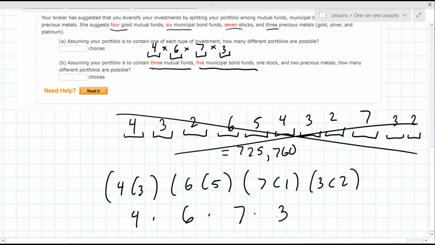So we got 4 times 6 times 7 times 3. 504. Oh, same number as before. Huh. Okay, so that did work. All right.